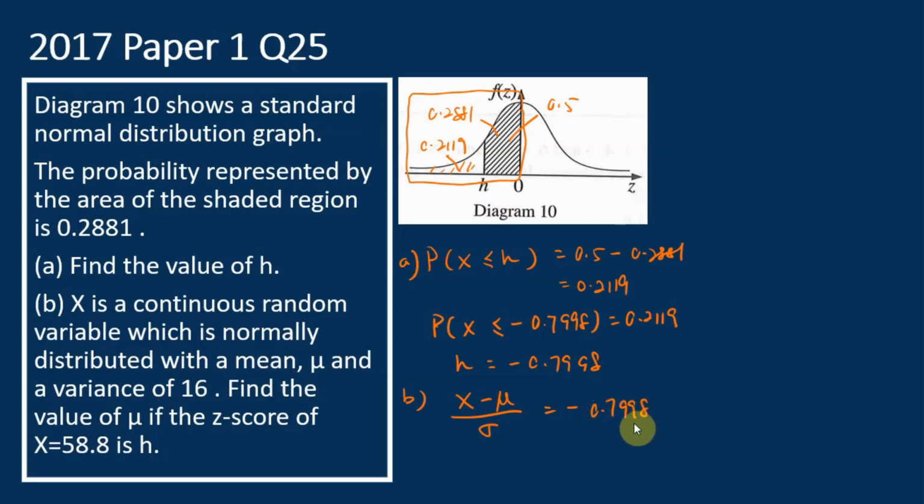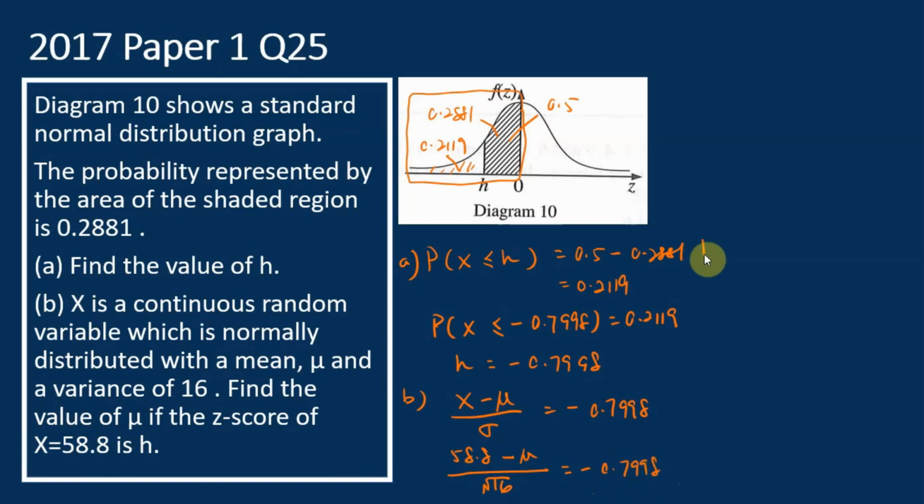It is given that X is equal to 58.8, so 58.8 minus the mean, which is what we want to find, over the standard deviation. The standard deviation is the square root of the variance, so the square root of 16.